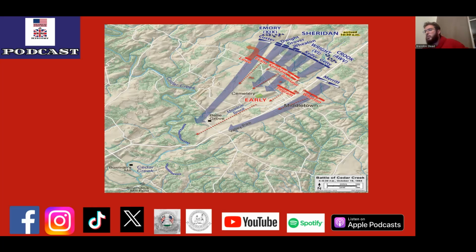Another problem, like I said before, was that the Confederates were starting to plunder the Union camps. They were starting to take what they could get, and by 11:30, the Confederate line was ready to continue to advance. Early decided to let Gordon, Kershaw, and Ramseur's divisions advance, but they stopped at 1 o'clock.